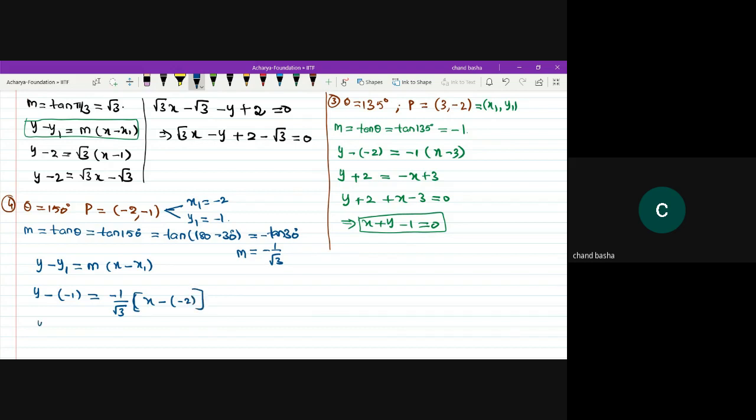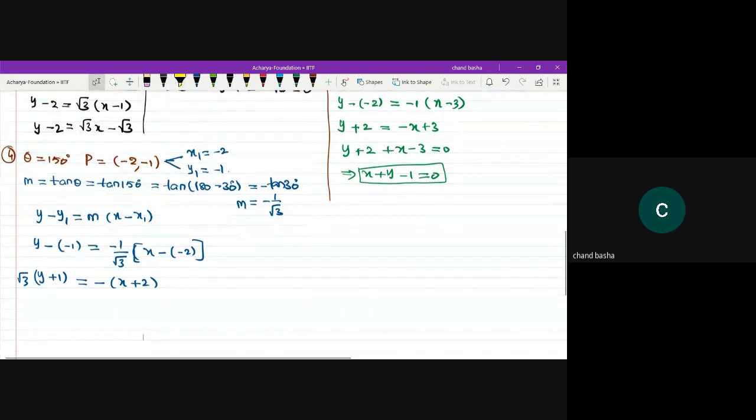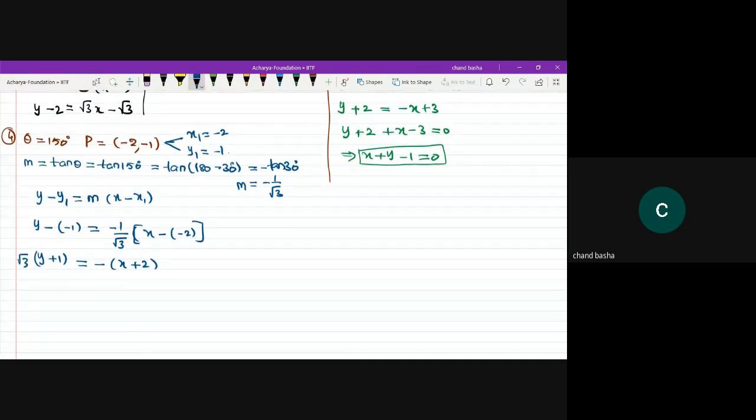So y plus 1, but this root 3 will be on left hand side. I can take root 3 into y plus 1. The right side value is minus of x plus 2, because x minus of minus 2 is x plus 2. So root 3 times y plus root 3 is equal to minus x minus 2.